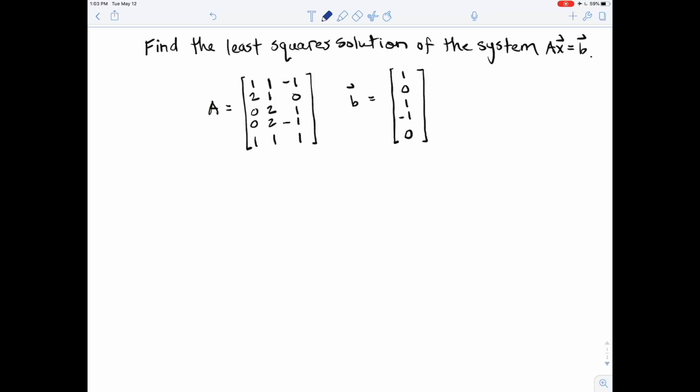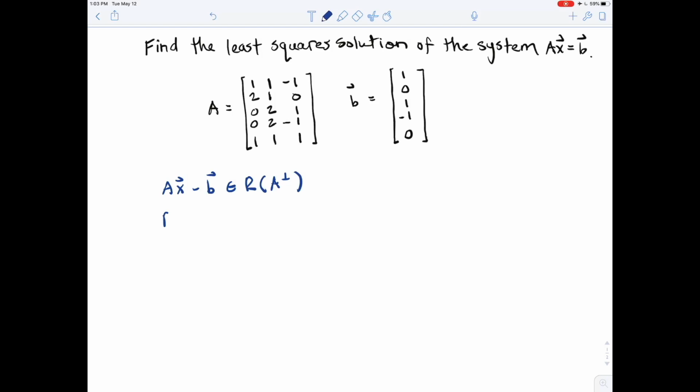Basically, what's happening here is A times x, I won't go too in depth because I have a whole video on this, minus the vector b ends up belonging to the orthogonal complement of the column space of A. And what does that mean?